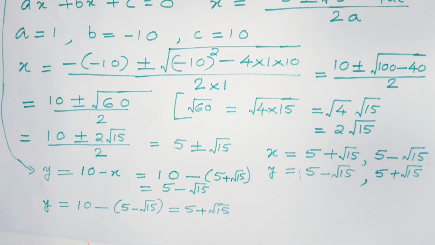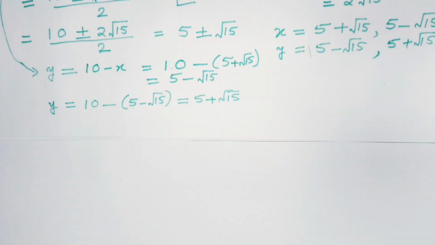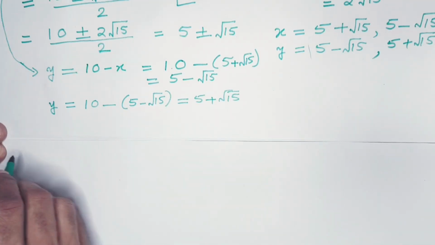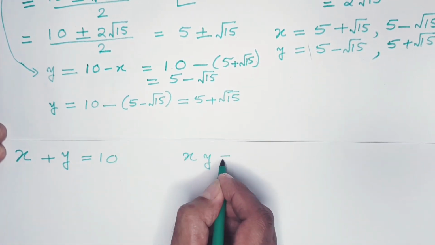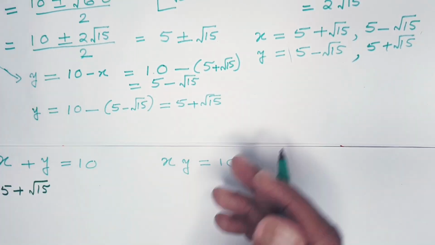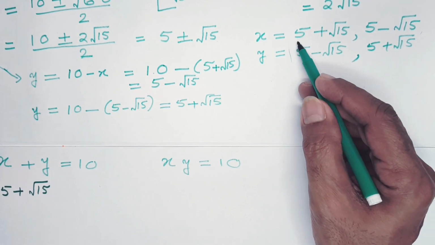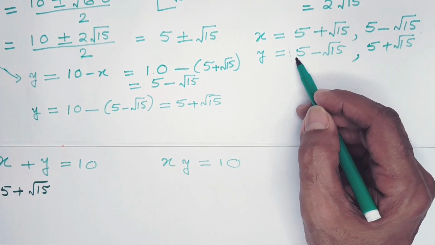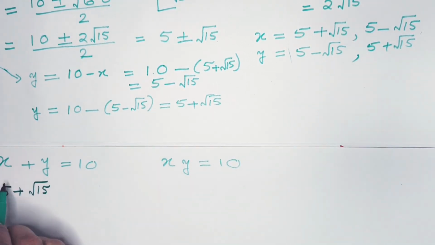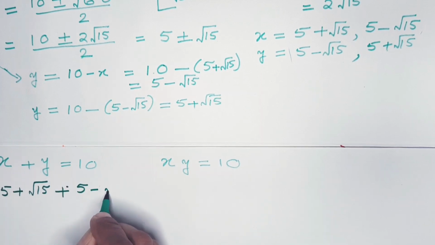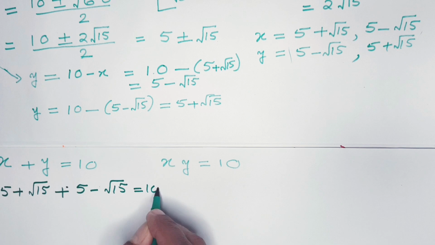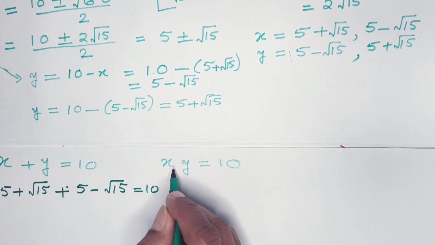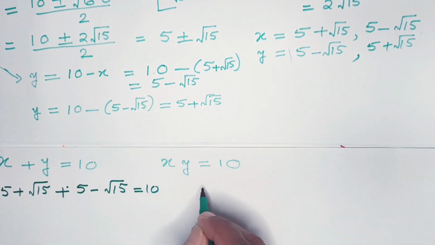Now, if you want, we can verify the equations using these two solutions. To verify, let me rewrite the equations we had, which are x plus y equal to 10 and xy equal to 10. So now let me take the first pair of values, 5 plus root 15 and 5 minus root 15, and substitute here. y is 5 minus root 15. See, these two will cancel out and you get the right side. Okay, now let me verify the second equation for these two values.